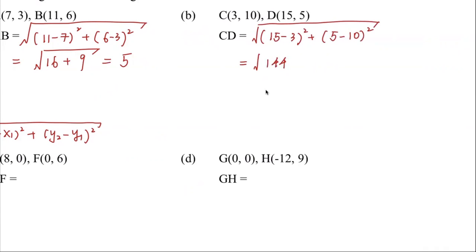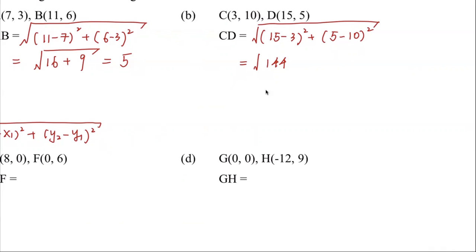These common perfect squares, you don't have to remember them, but it'll be helpful if you do. For example, 11 squared is 121, 12 squared is 144, 13 squared is 169, 15 squared is 225, and so on.